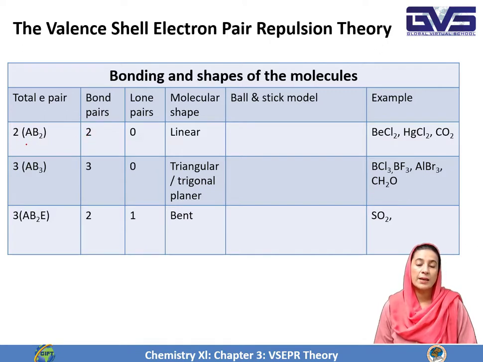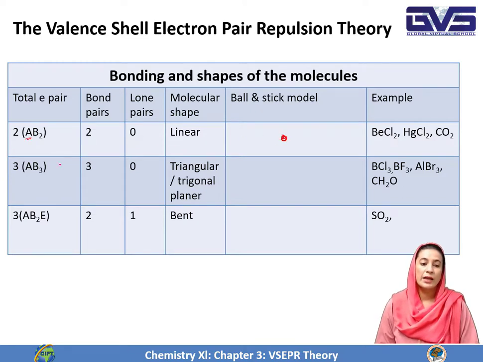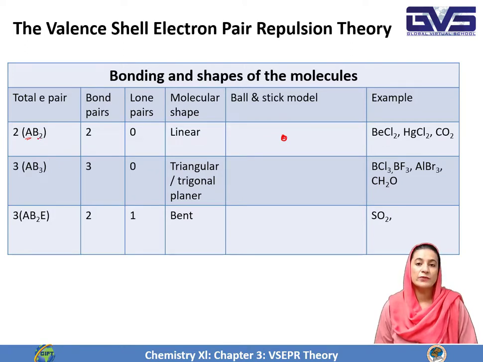Students, here AB2 means A is the central atom, and B2 stands for bond pairs. Two means this central atom has two bond pairs and there is no lone pair, zero lone pairs.